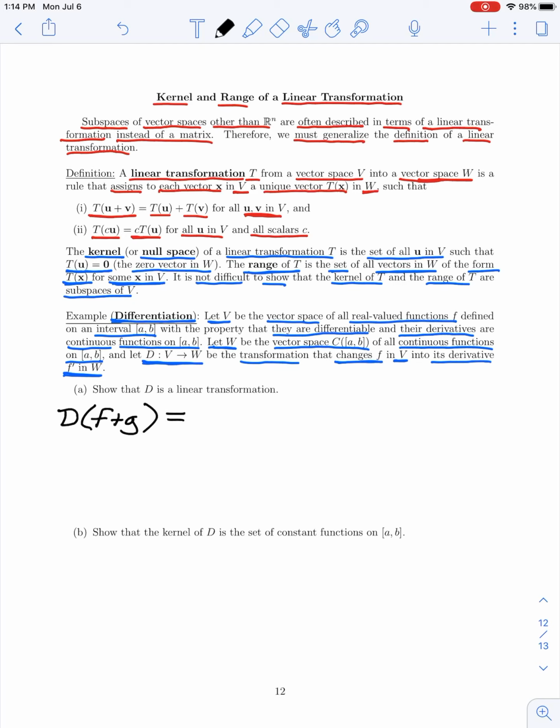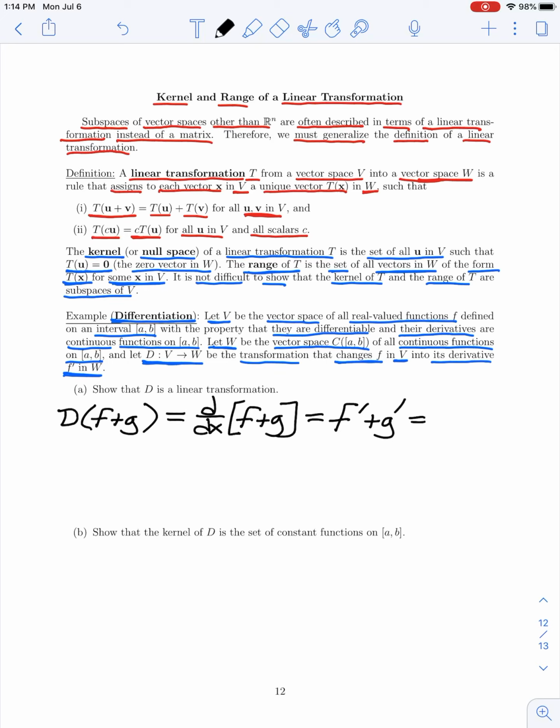It's the operation of differentiation of a function. So when I'm looking at D of f plus g, I would be differentiating the sum f plus g. And from our Calculus 1 course, we know that the derivative of a sum of functions is the sum of the derivatives of those functions. That is f prime plus g prime.